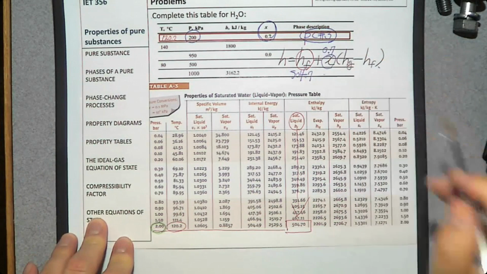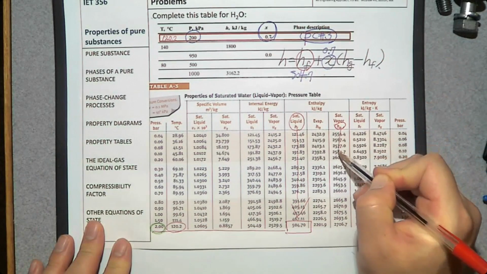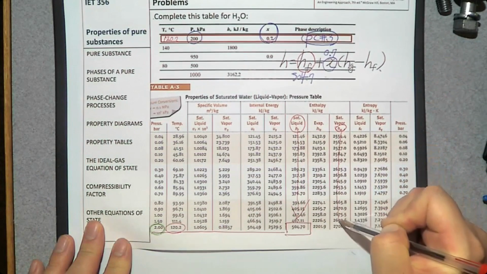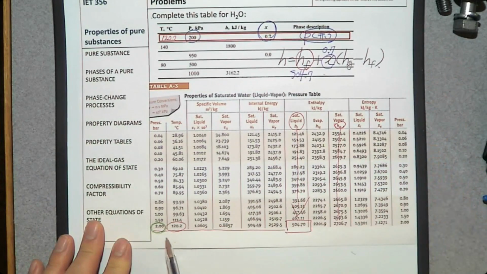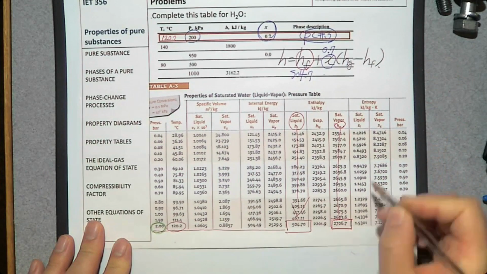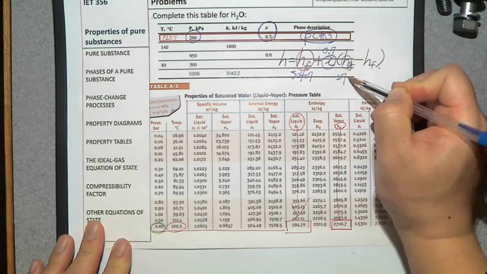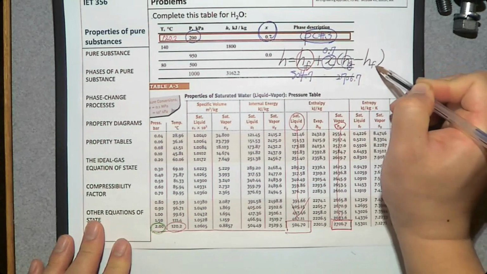What about hg? Let's find hg at 200 kilopascal. We are looking at this one: 2706.7. What about hf?